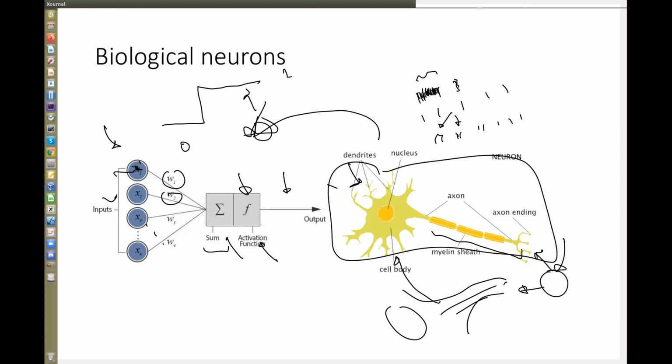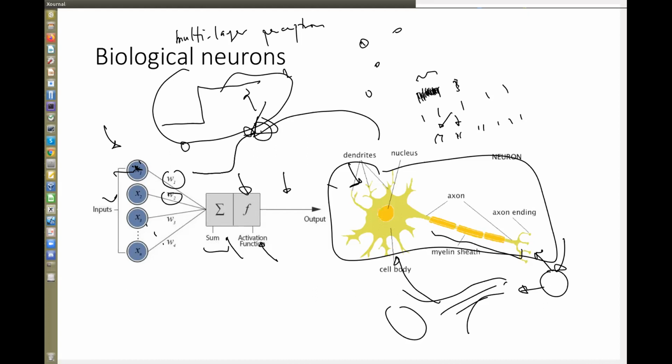You can interconnect many of these neurons together, and this is what people know as the multi-layer perceptron. But later on, people extended this idea. We don't always need to use the step function for the activation function. Later on people smoothed that out to become a sigmoid function, and later on they even changed to many different functions.